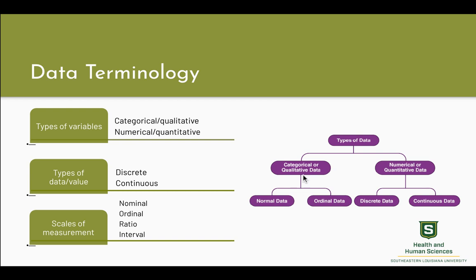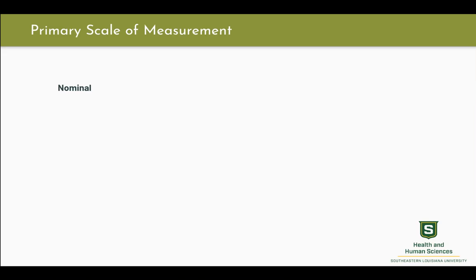That's the scale of measurement for the data, or you could have discrete data and continuous data. So there are different ways that data is classified, but with time you're going to get more familiar with it, so that you don't get completely thrown off depending on the image that you see or how you see it used. Just understand there are different ways of classifying data.